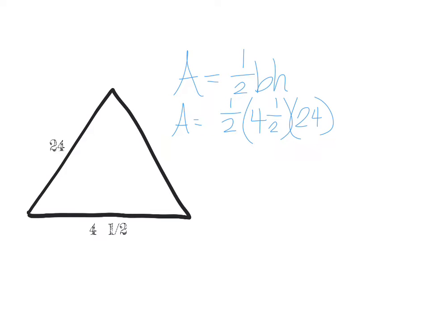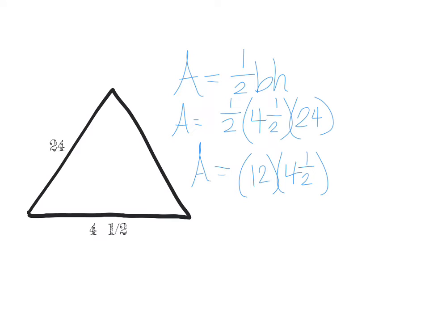Now again, I can multiply that half by either 4.5 or 24, but not both. I'm going to choose the number that is easier to split in half, and that's 24. So now I'm left with area equals half of 24, which is 12, times 4.5.